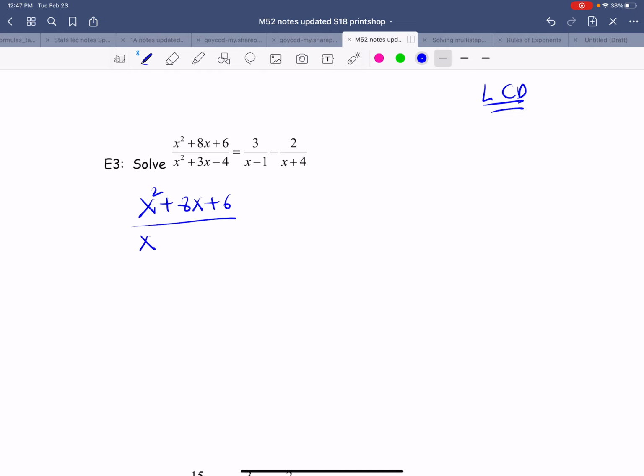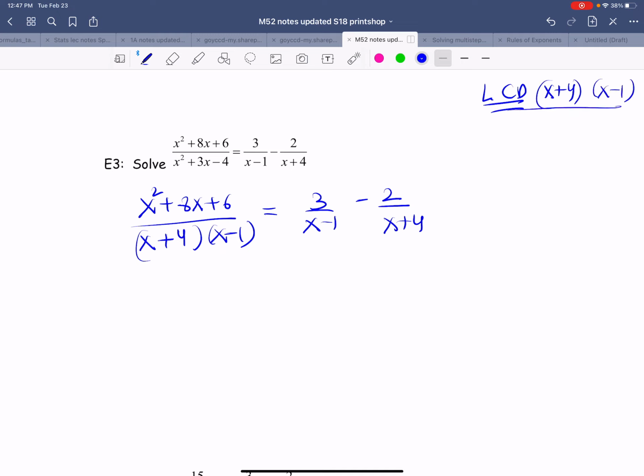Two numbers that multiply to give you negative 4 and add up to give you positive 3 are x plus 4, x minus 1, and 3 over x minus 1, and then we have minus 2 over x plus 4. So it looks like the LCD in this case would be x plus 4 times x minus 1.